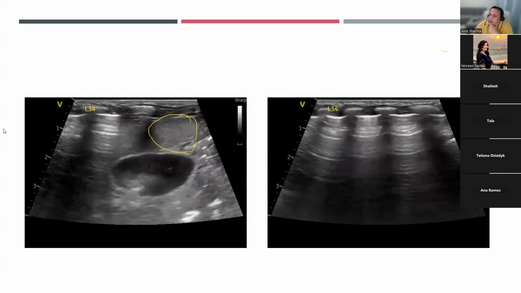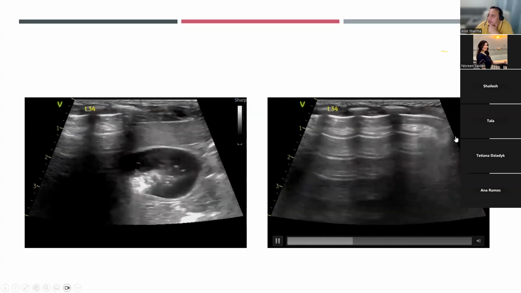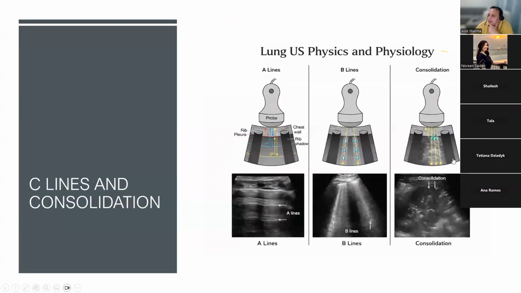But this is not consolidation. This is most probably spleen on the left side because you have no ribs. There's no rib margin there. So it's very important that you know where your anatomy is, and the way to identify that is by using the batwing sign. Easily seen over here. Nice, well aerated lung.